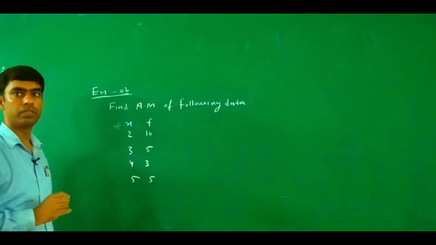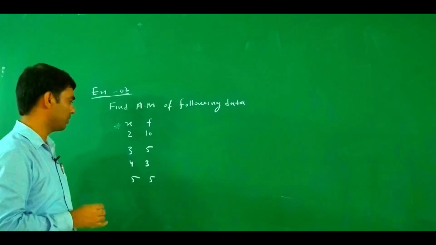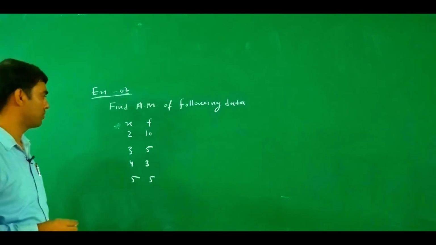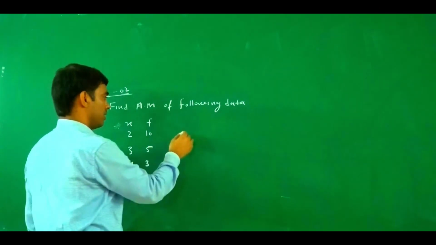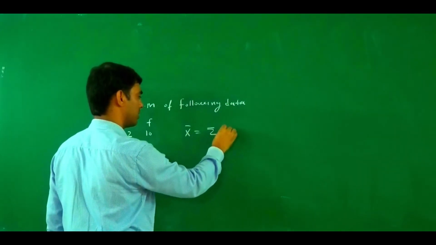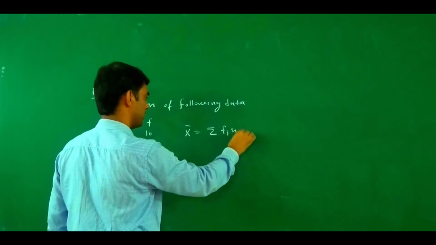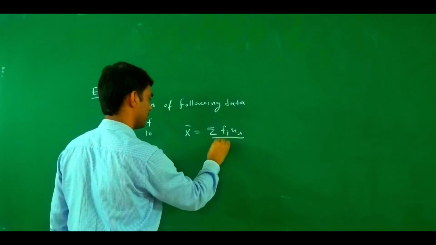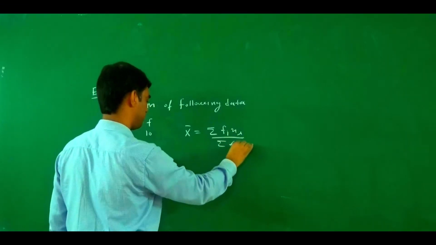So how do we find this? This one is very simple. What is the formula for x bar? x bar equals summation of fixi divided by summation of fi.